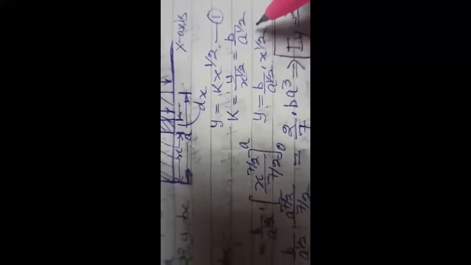So in place of y, put the value. The integration sign has limits 0 to a, and in place of y, put this value: y is equal to b upon a to the power half into x to the power half. So b upon a to the power half into x to the power half, cubed, into dx by 3.